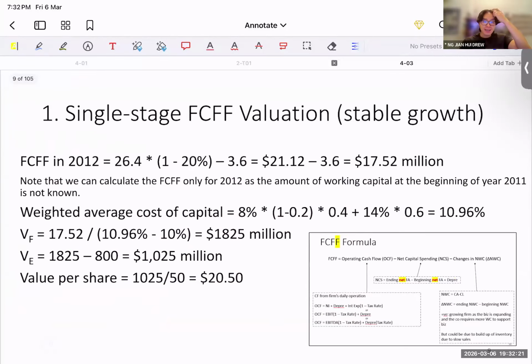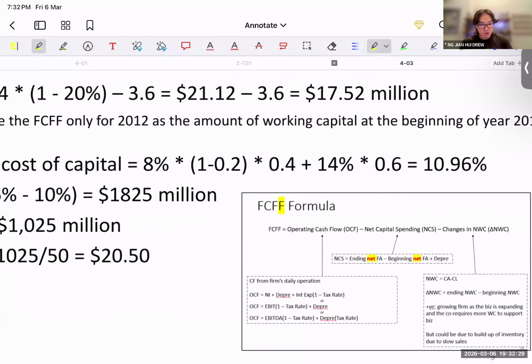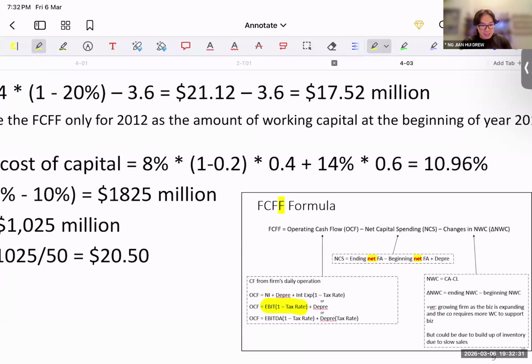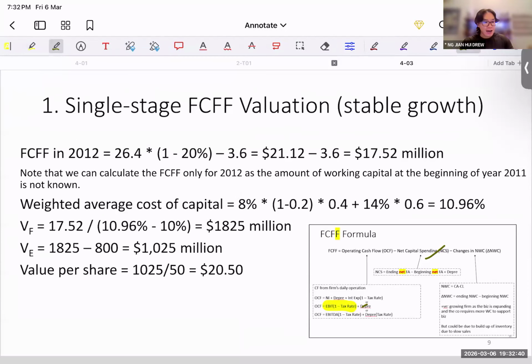Now, having calculated this, remember that we mentioned for our operating cash flow, I'm just going to zoom in here again, it's just EBIT times 1 minus tax, because our NCS is going to cancel out the depreciation here. So this is what I've done here.